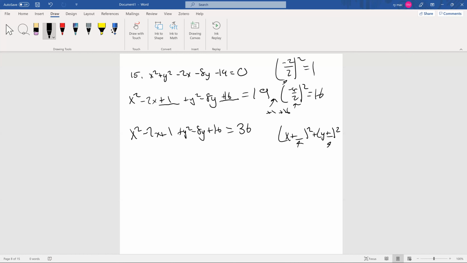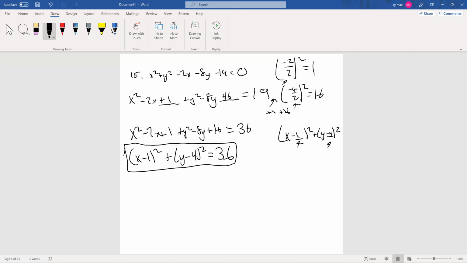So these both end up being negative. It ends up being a minus 1, and for this one, negative 8 divided by 2 ends up being a minus 4. So that's what our two factors will be. x minus 1 squared plus y minus 4 squared is equal to 36. And that's our standard form of the circle.